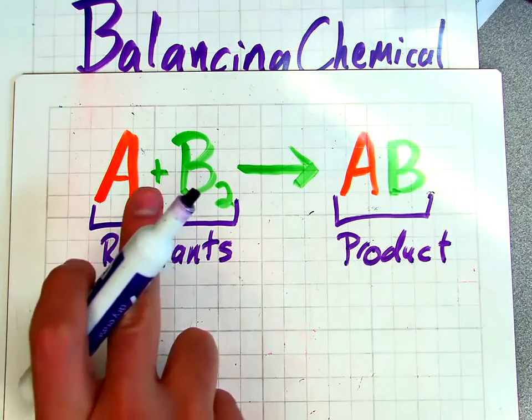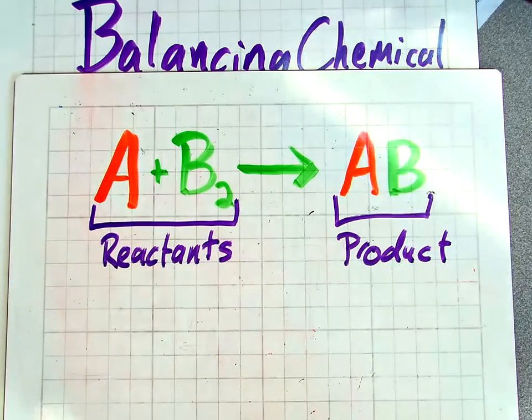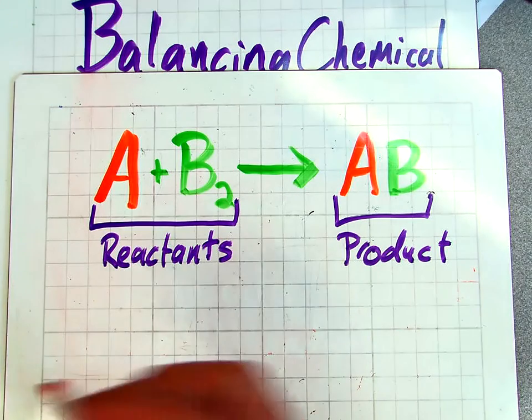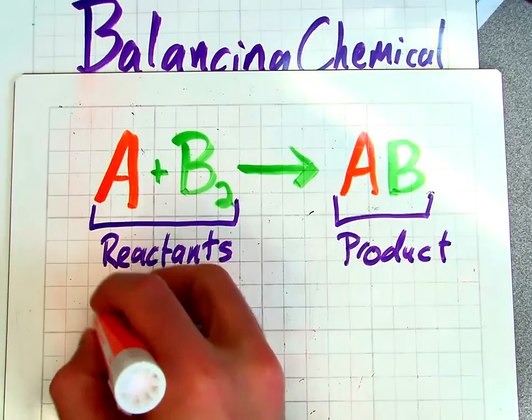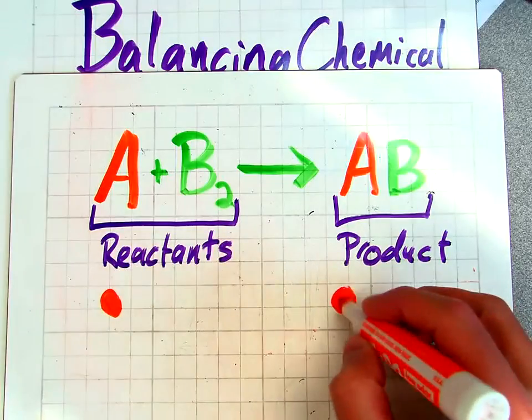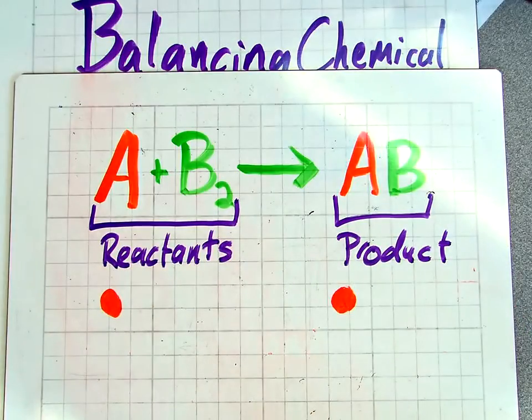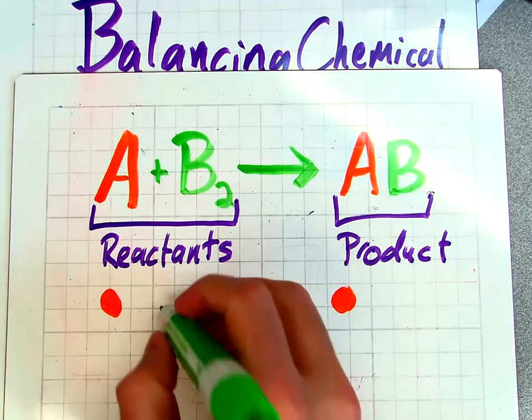Now, every atom in the reactants has to become part of the product. So, right now, if we were to just use dots to represent the atoms, we've got 1A, 1A. Hey, great. Every A in the reactant ends up as part of the product.